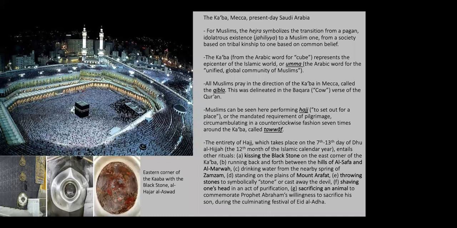But what exactly does the Kaaba signify for Muslims, and how did the rite of Hajj actually come about? Well, the Hijra and that eventual return of the Prophet to Mecca after his escape and exile from it symbolizes for Muslims the transition from a pagan, idolatrous existence, that which most Muslims refer to as Jahiliyyah, or this era of ignorance.